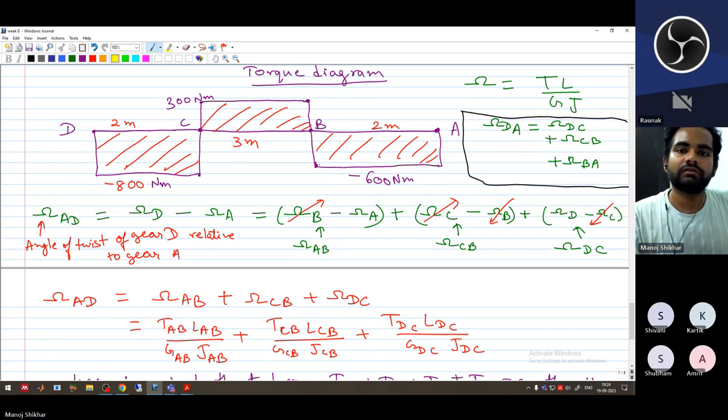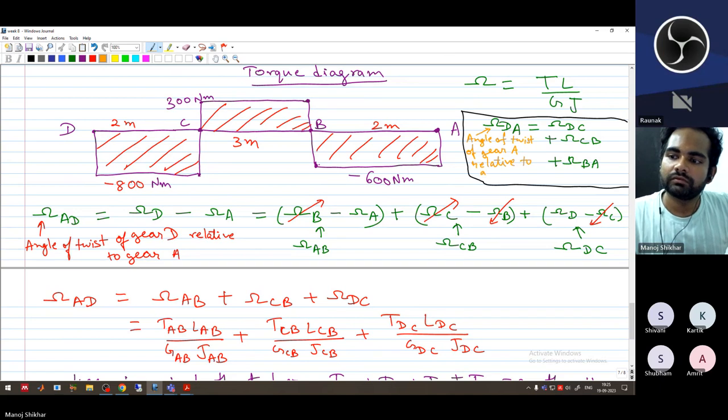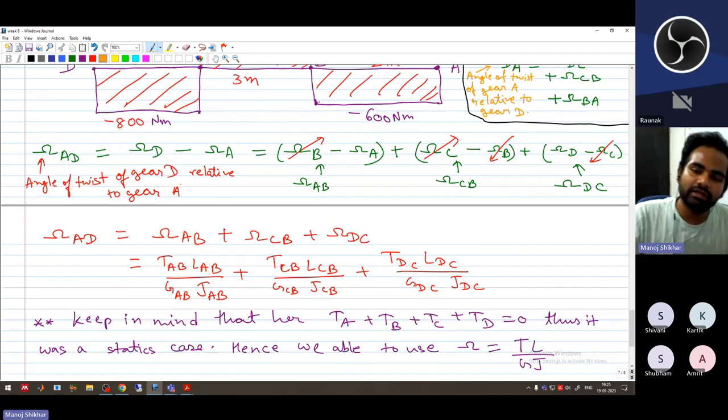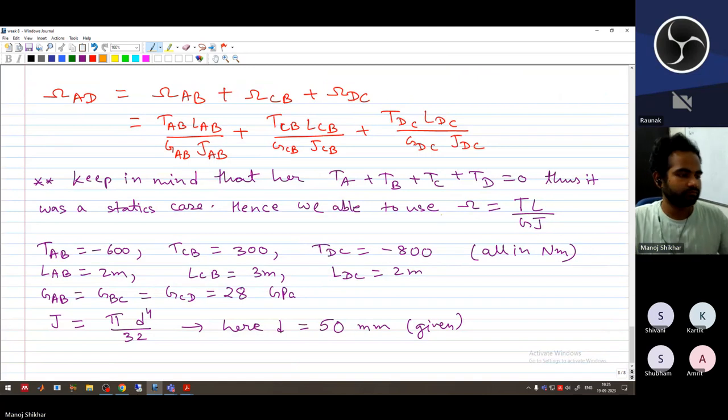This is what? Angle of twist of gear A relative to gear D. So depending upon question, you have to write the answer, but I have shown you the procedure.